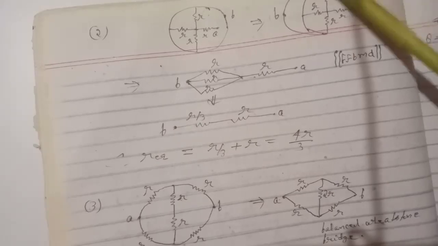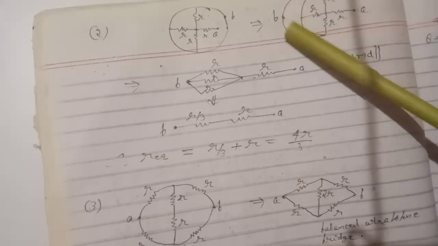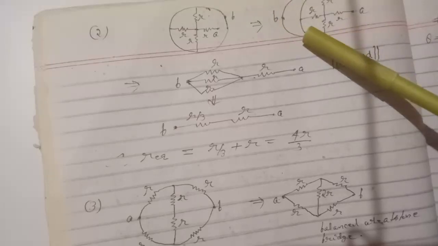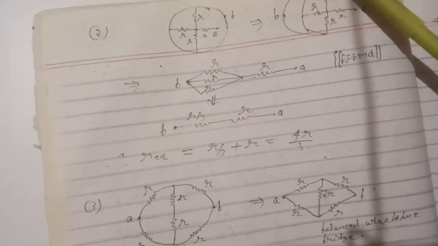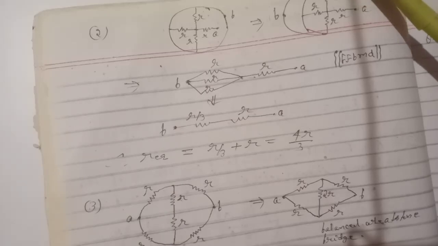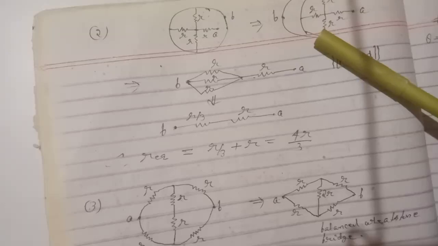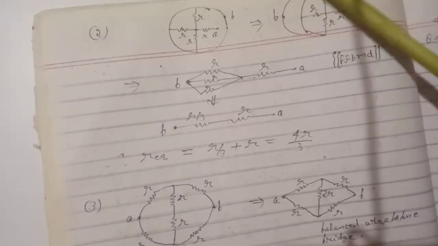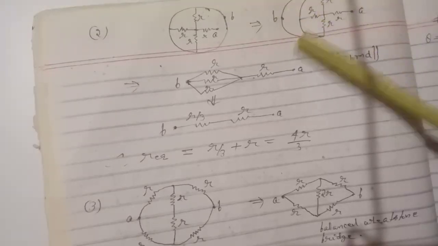Now if we see, these all are connected together, and because there is no resistance here, these all are replaced by a single point B.